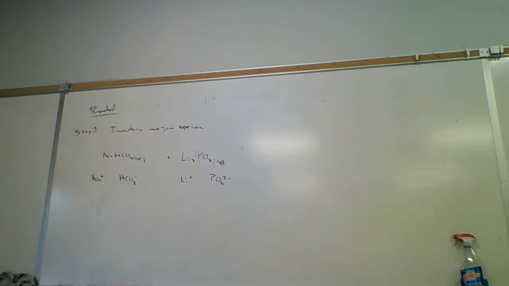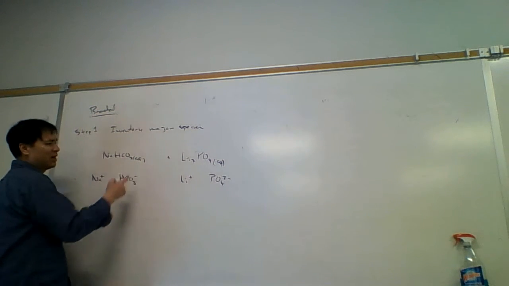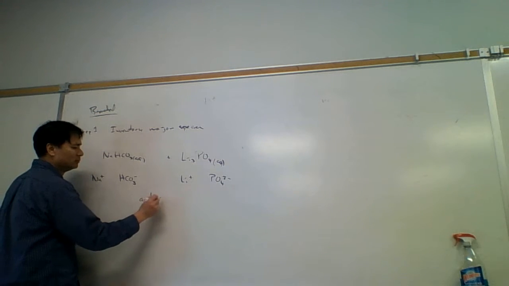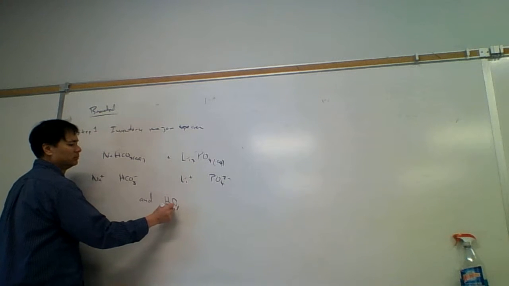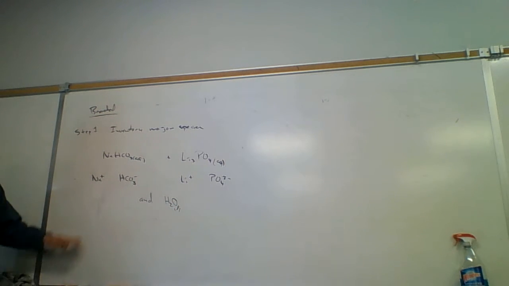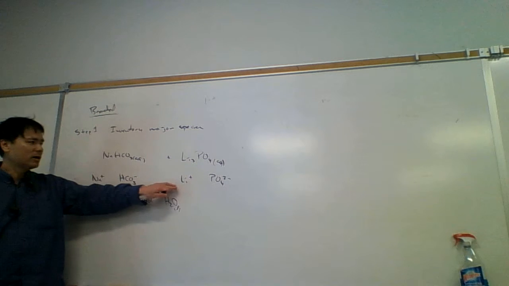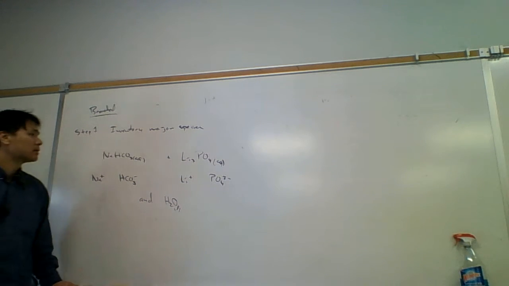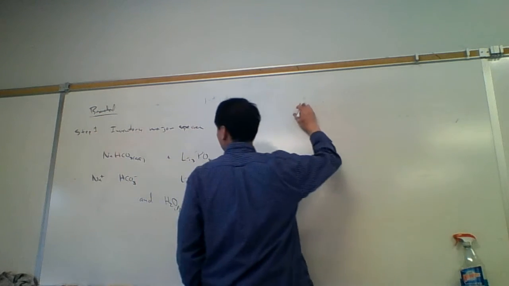Can you figure out what it is? It's pretty tricky because aqueous means water, and so water. So we got sodium ions, bicarbonate ions, lithium ions, phosphate ions, and water present. All right, step 1's inventory.